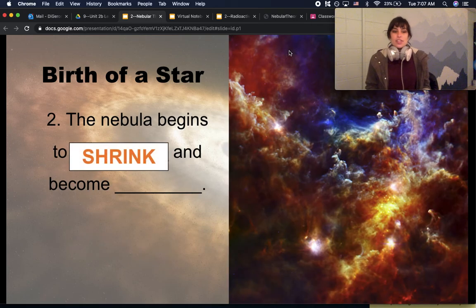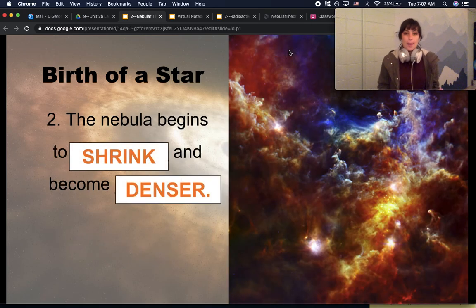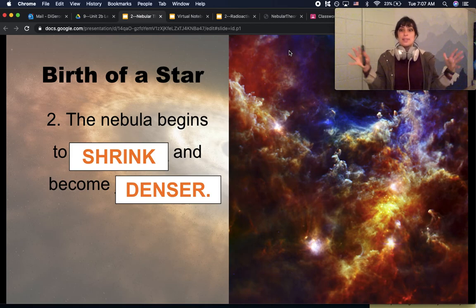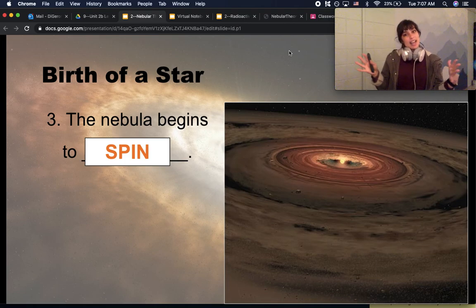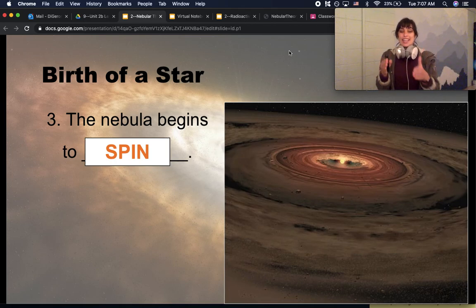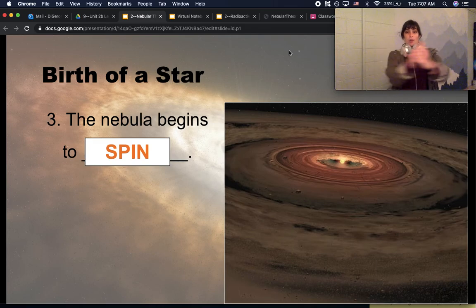The nebula starts to shrink and become denser as it collapses in on itself. Then, as it collapses further and further in on itself, it begins to spin. The smaller it is, the faster it spins, just like when a figure skater pulls their arms in, they start to spin faster.